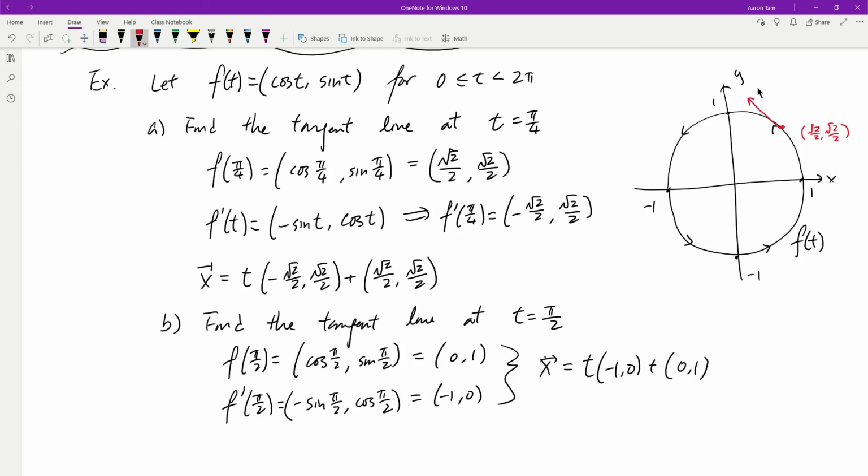And the direction, negative root 2 over 2, root 2 over 2, will be this direction. And so the tangent line will be this line right here. So here's our tangent line at pi over 4.